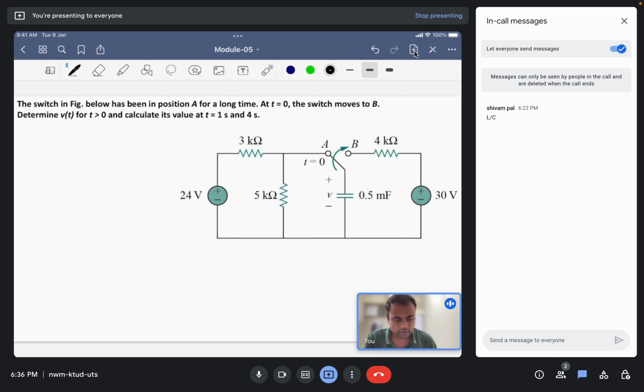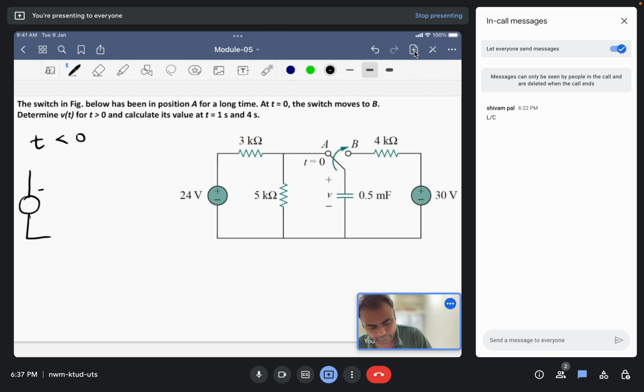So let us first of all draw the circuit for time t being less than 0. Here at time t equals 0, the transient is happening. So let us first focus on before time t equals 0. I'll just simplify the circuit here.